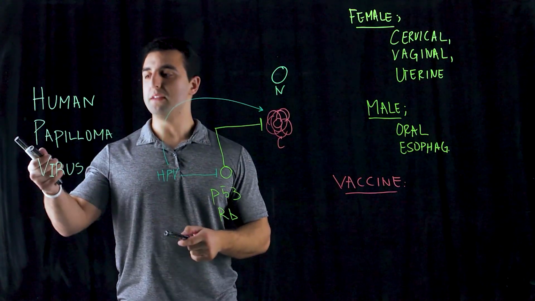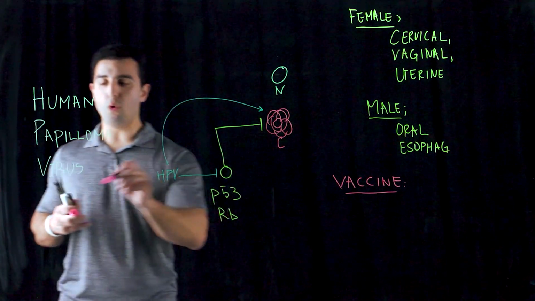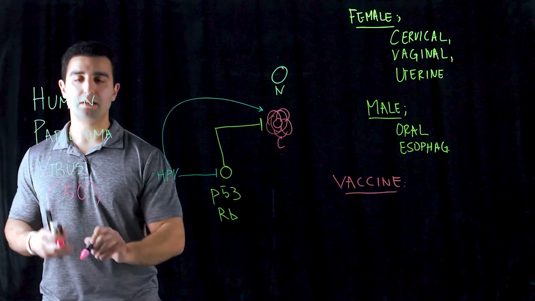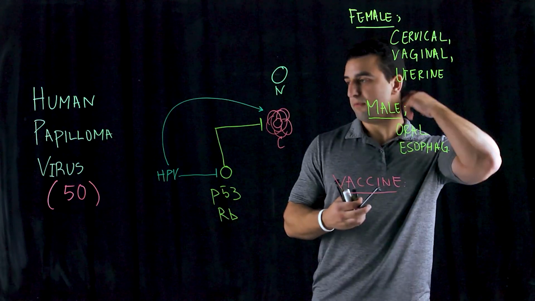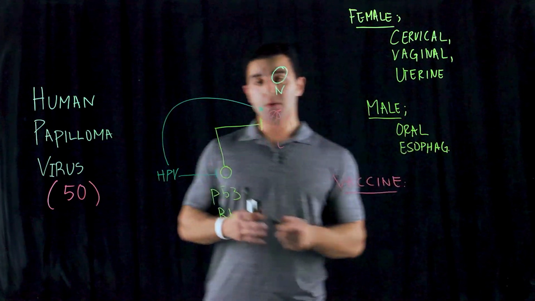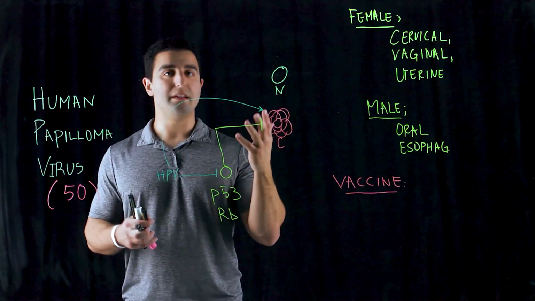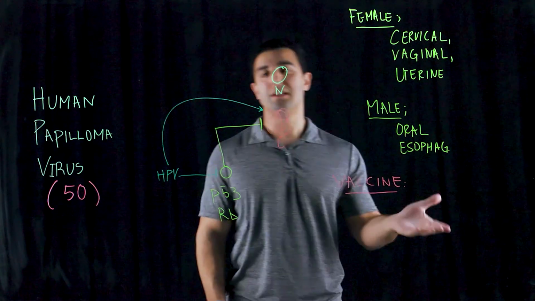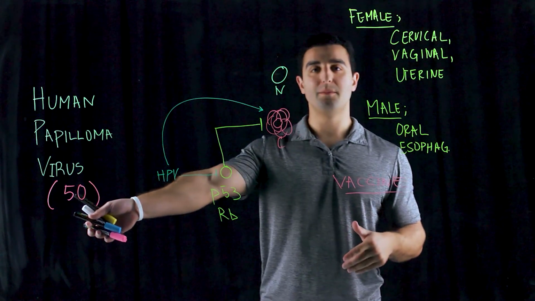I want you to understand that there are over 50 different strains of human papillomavirus. So are you protected from HPV if you were vaccinated? You would probably be protected from the 5 that they've used, which are probably the most common in that region or the most common infections that lead to cervical cancer. But you have 45 plus more strains.